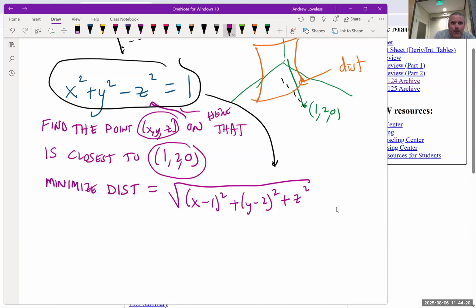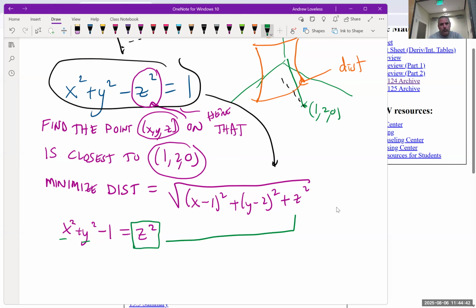Okay, so solving for Z, I would get X squared plus Y squared minus 1 is Z squared. So that's the connection between, if I pick a random X and Y and then compute the point on the hyperboloid, this would be the relationship.